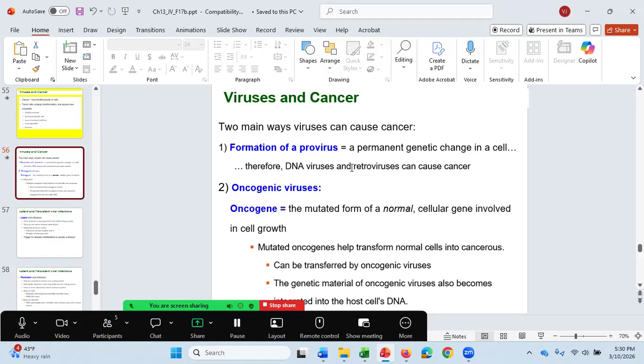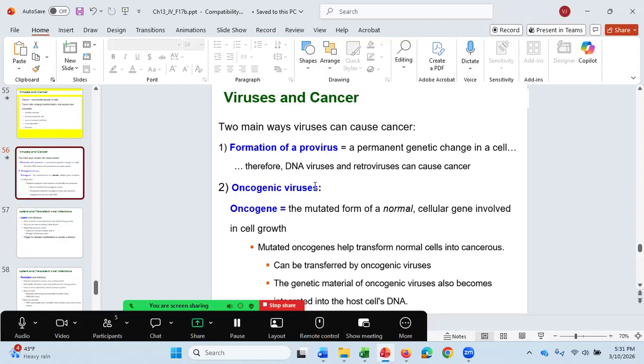The point is this viral DNA integrating into our genome mucks up our genome, turning on genes that should be off, turning off genes that should be on, and perhaps even causing a direct mutation. Like if the virus integrates right inside a gene, that gene is going to be mutated. So formation of a provirus can lead to cancer.